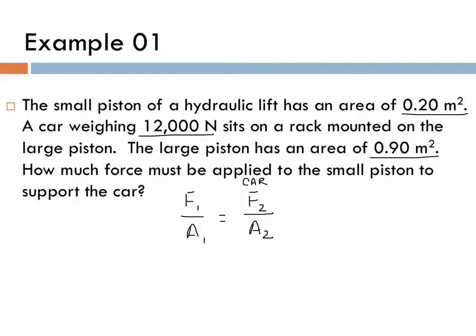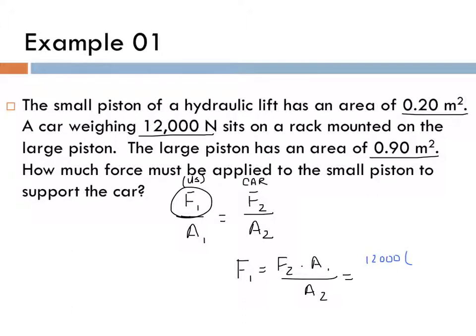This is the force that we are going to apply. I'll put S. So what you're trying to solve for is a force that you're trying to apply. So this is simply F1 is equal to F2 times A1 over A2. Now I think the hardest part in this section is just keeping your numbers straight and being consistent. So our force will be 12,000.